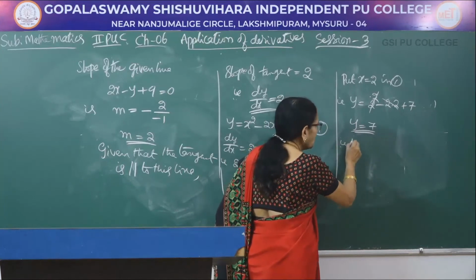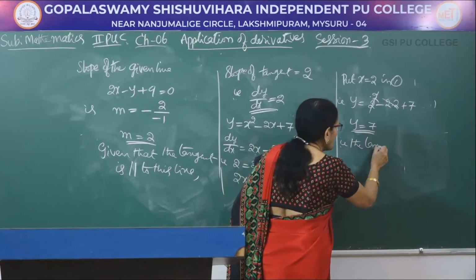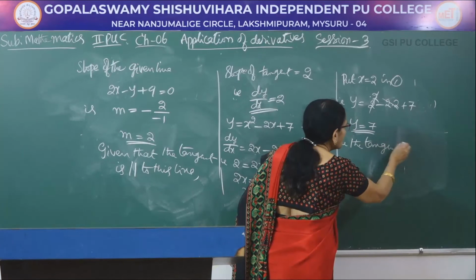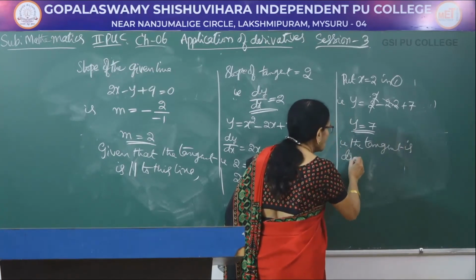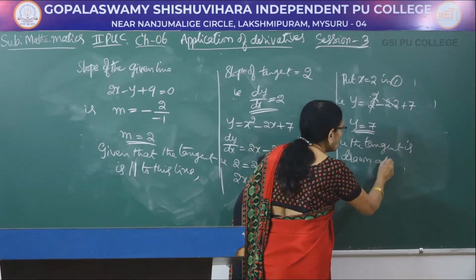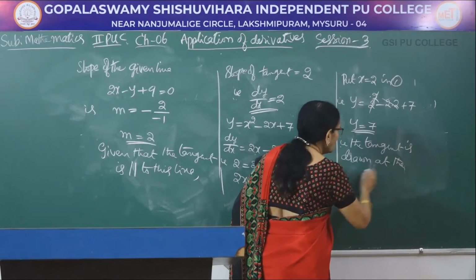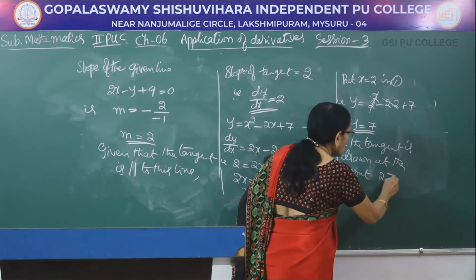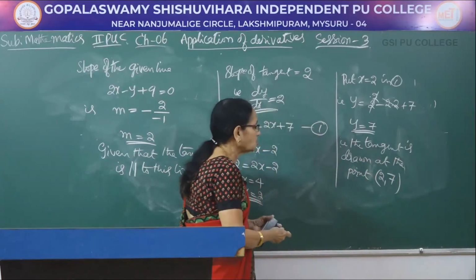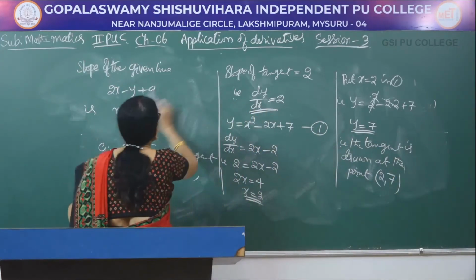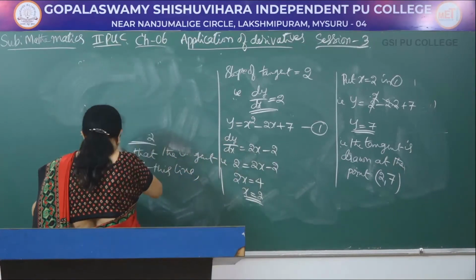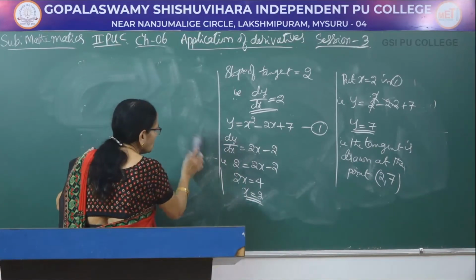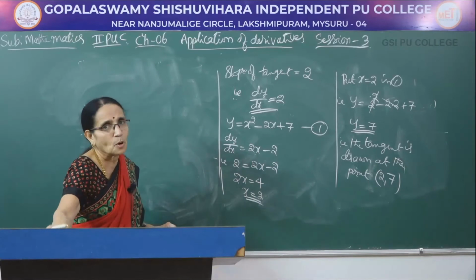That is, you write the tangent is drawn at the point 2, 7. The value of x is 2, the value of y we have calculated to be equal to 7. So it is 2, 7. So we know the point here.